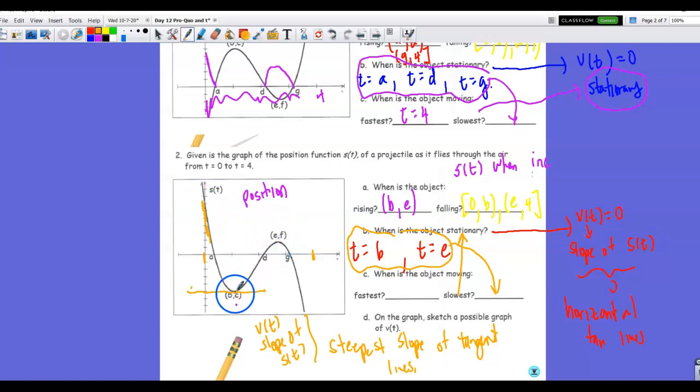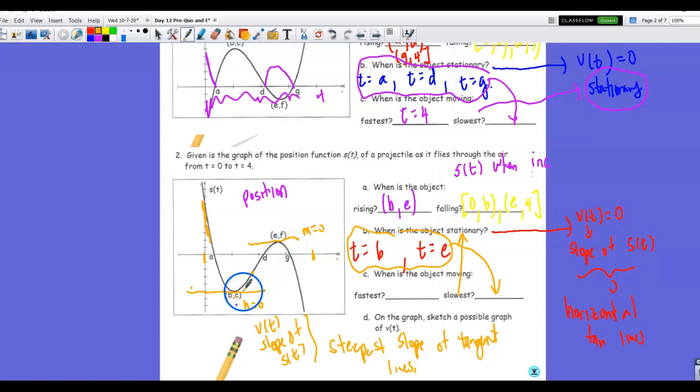Then we have a slope of 0 down here at t equal to b. We have a slope of 0 at t equal to e. So slope of 0 in two different places. So think about this. We are moving away from a slope of 0 and getting steeper, and about halfway in between would be where we find the steepest slope, because as we continue moving, now we're moving back towards 0, so the slopes are getting less steep.